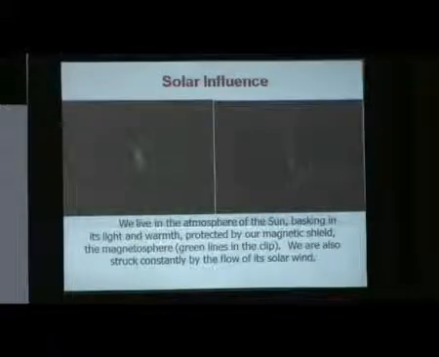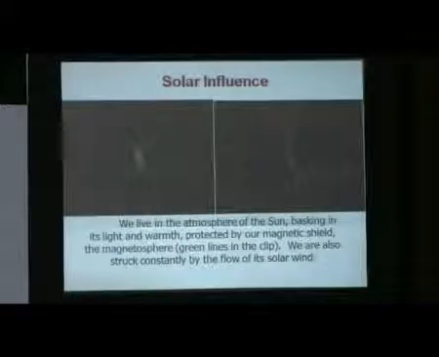But basically the Earth's magnetosphere looks something like this, because the solar wind is coming from this side, and associated with the solar wind there are also these coronal mass ejections. All these perturb the magnetic field lines, and we feel the solar influence here.